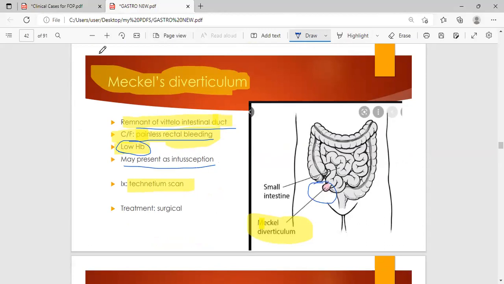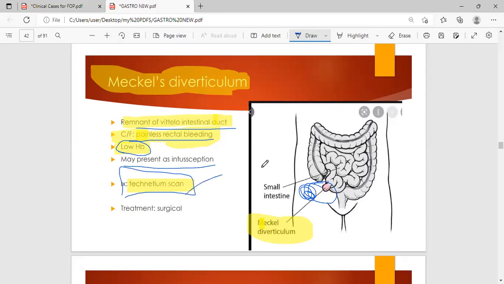So in this case, what do we do? Our choice of investigation is technetium scan. Now, what does technetium scan do? Basically, gastric cells are present. Since they are gastric cells, they are supposed to be present in the stomach only. But ectopic gastric cells are also present in the Meckel's diverticulum. So the technetium scan is an isotope that looks for gastric cells outside the stomach.